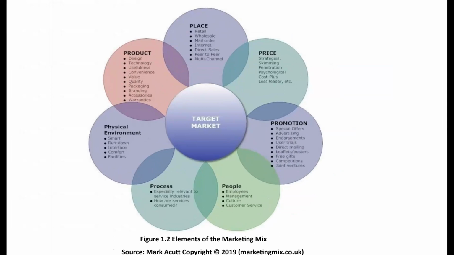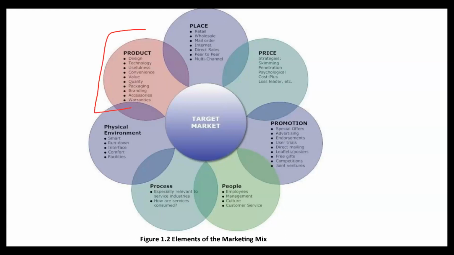Let's start with the product, number 1. The key things considered under the product are the issues of design. How are you designing the product? How are you designing those services to be offered?